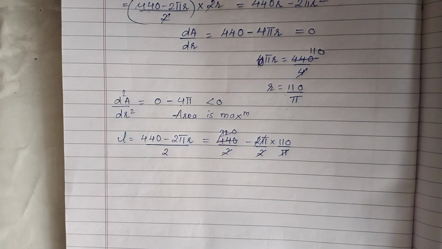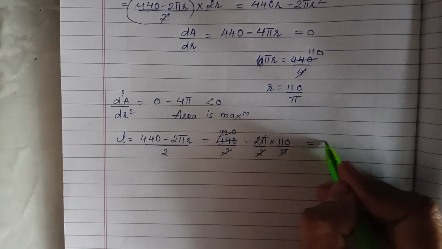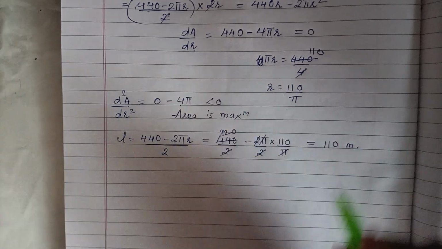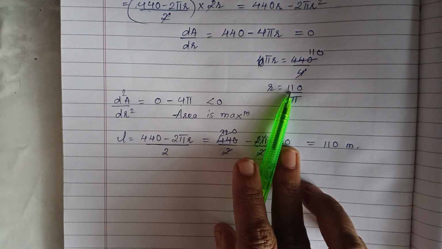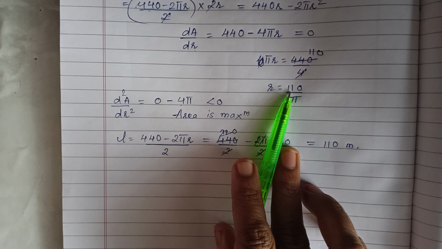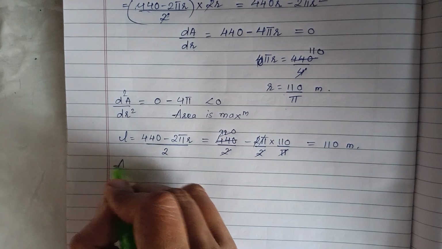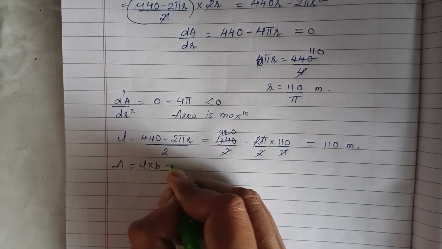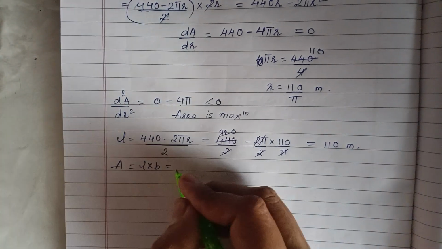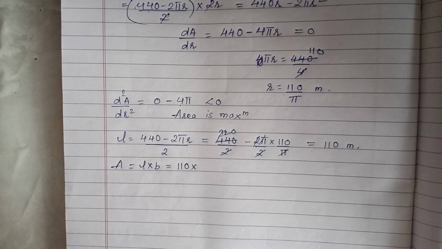So this is 110 meter. This is length and this is radius. So area of the rectangular field is length into breadth. Length is 110 and breadth is 2 times r, not r.